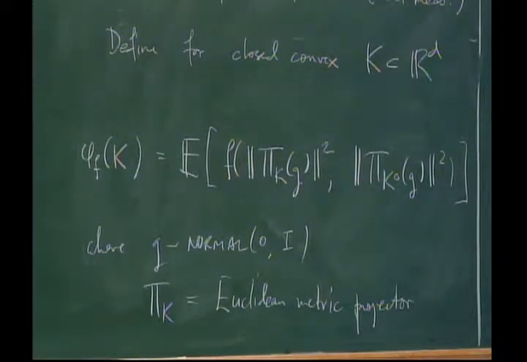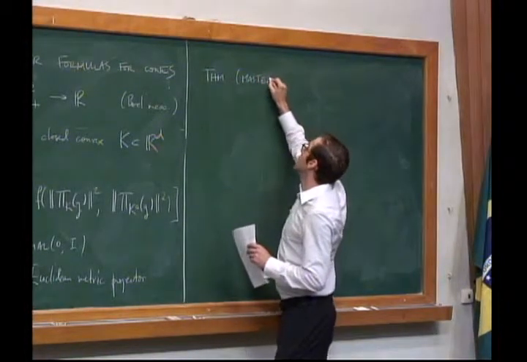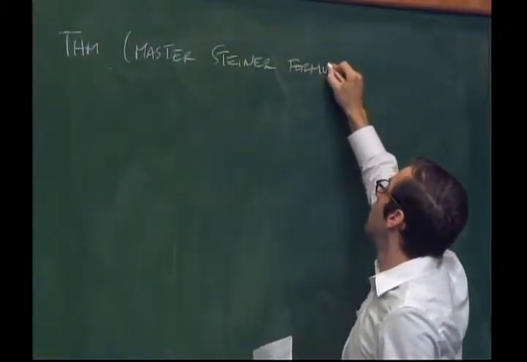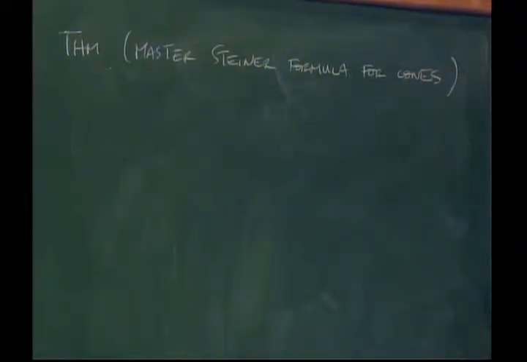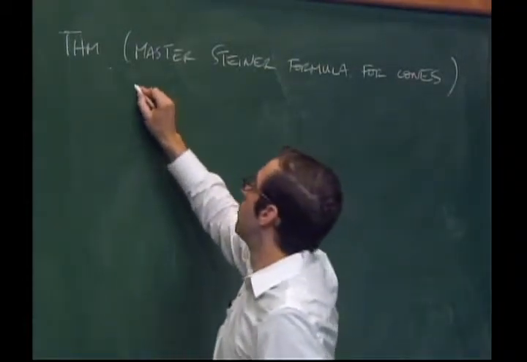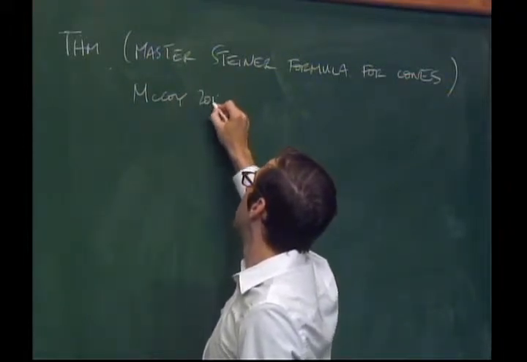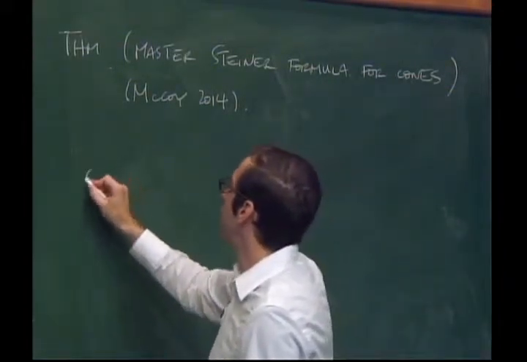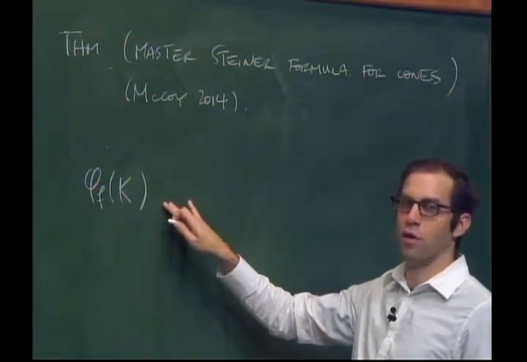Okay? So the theorem, which we call the master Steiner formula for cones, is a result due to my student, which appears in our joint paper. And it says that there is a very nice expression for geometric functionals of this form.